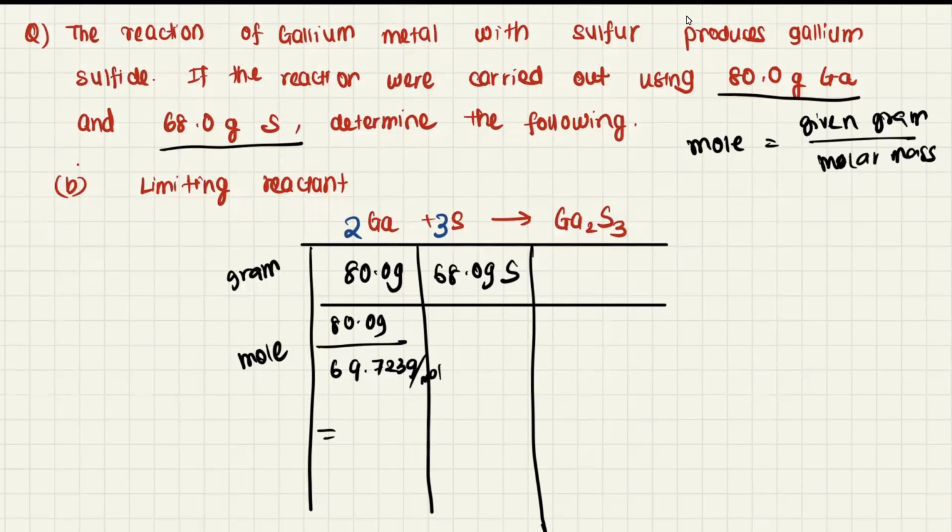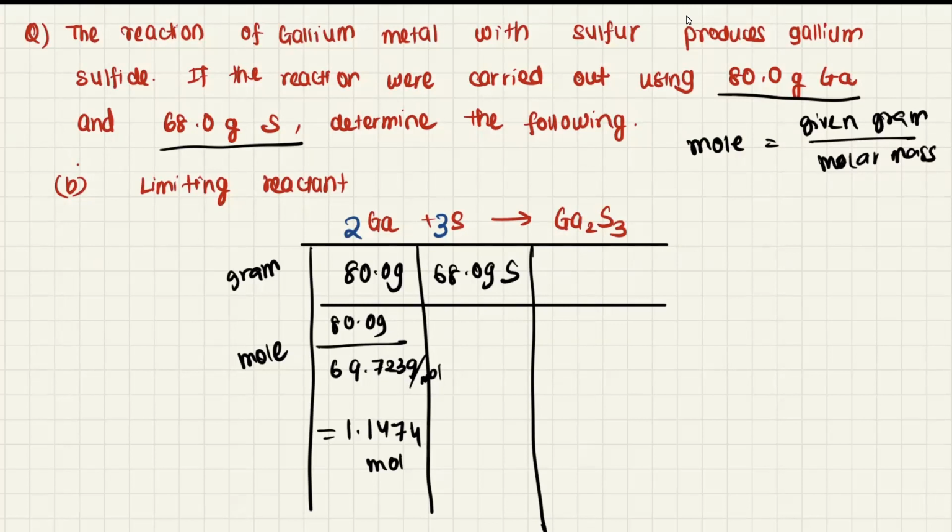This is going to give us 1.1474 mole. I'm not really concerned about the significant figures yet because I want to be more specific, and then at the end we will write it down with the correct sig figs. Okay, we got the mole of the gallium.